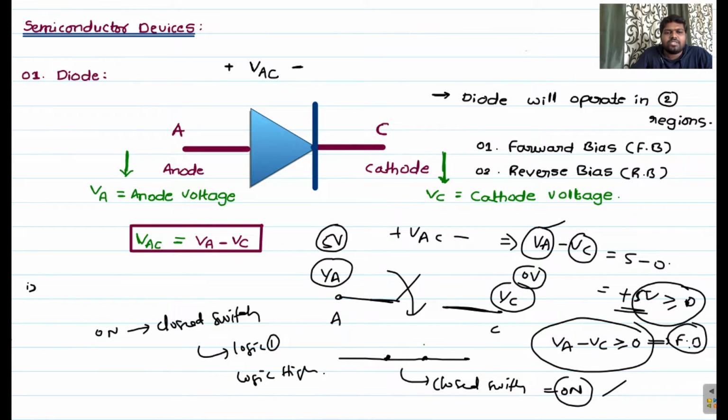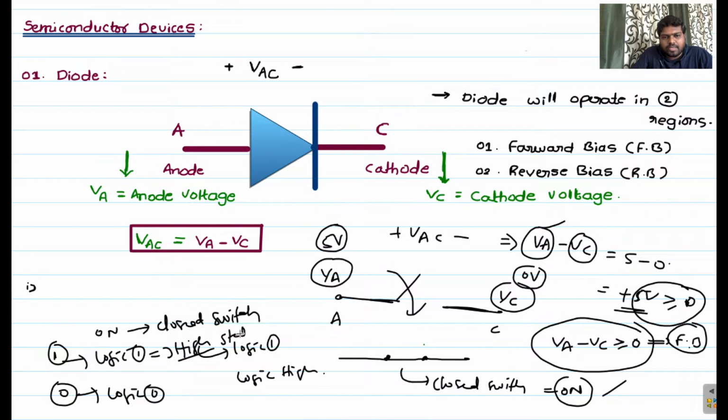In our digital electronics we have only two levels, 1 and 0. This 1 is logic 1, called high level or high state, and this 0 is considered a low level or low state.